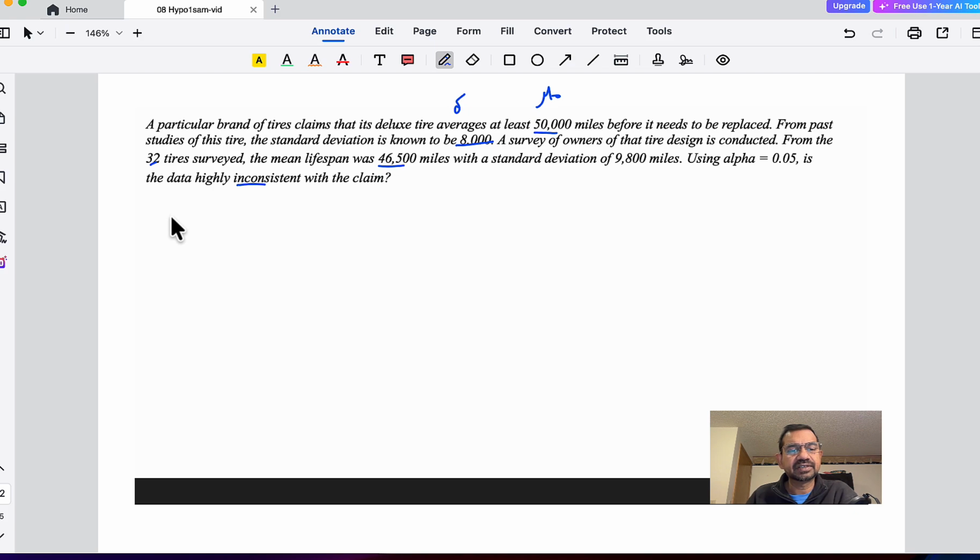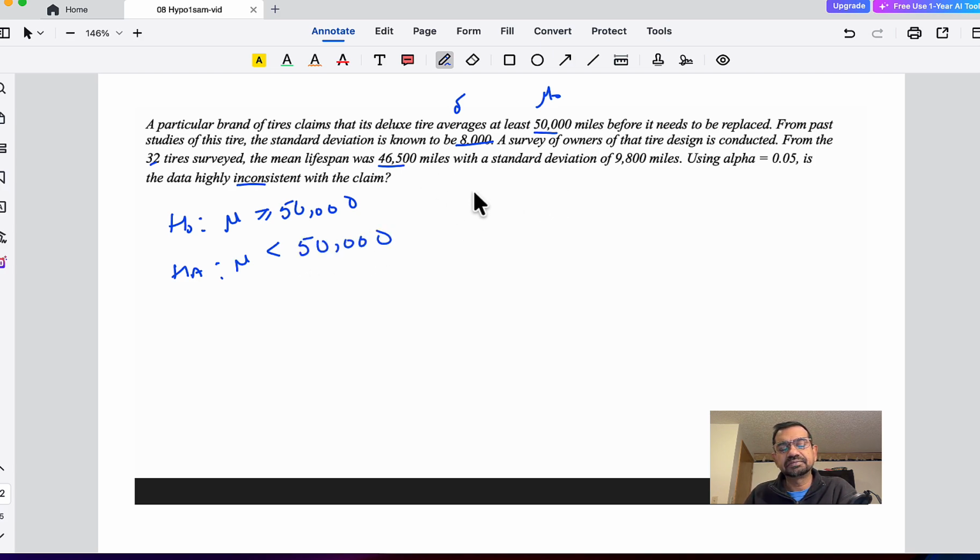So we'll set up our null. Our null hypothesis is that our population mean is at least 50,000 miles, and our alternative is that our population mean is less than 50,000 miles.